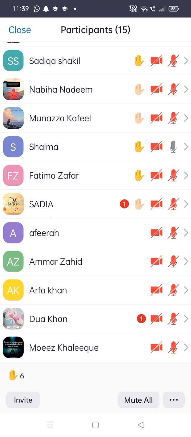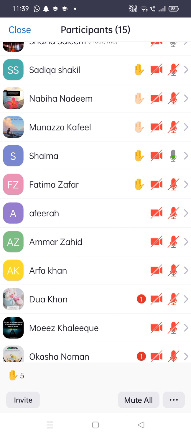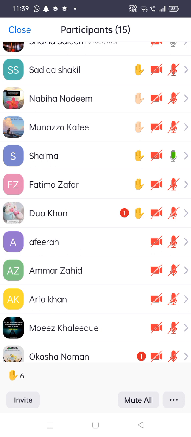Correct. The fourth one, relationship between two organisms such that one organism benefits, sometimes at the expense of the other. Raise your hands. Fatma Zafar.